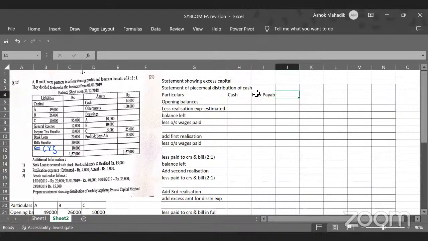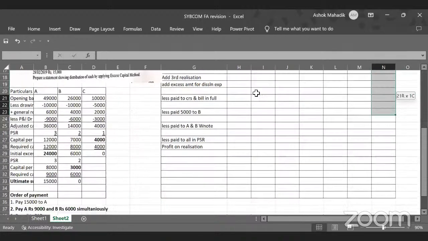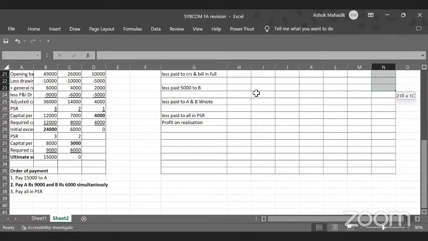Okay, so I'll write bank loan next. And after that, I'll write bills payable and creditors. Then our three partners, A, B, C. I just need to extend the format by one more column.